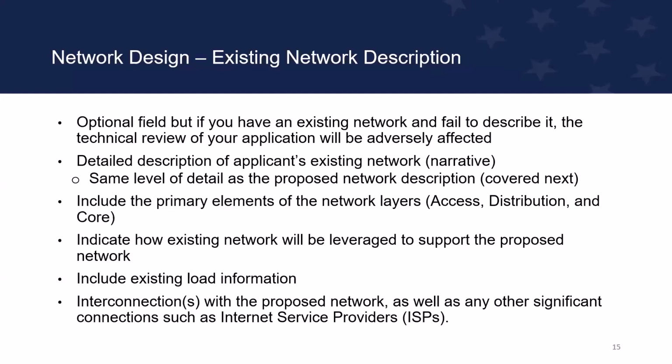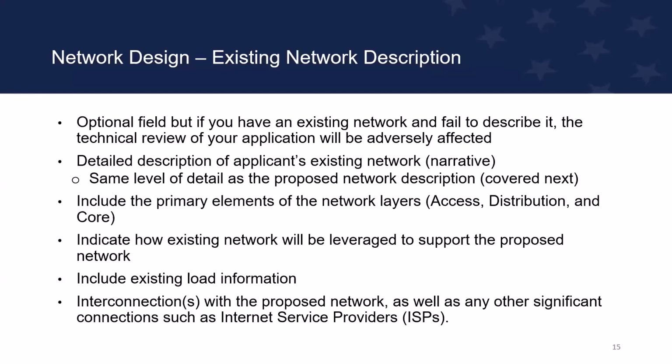We want to see how the existing network would leverage the proposed network, showing that we don't want to look at it as a foregone conclusion that your network will operate within the proposed network. So we'll want to see all the existing load information.